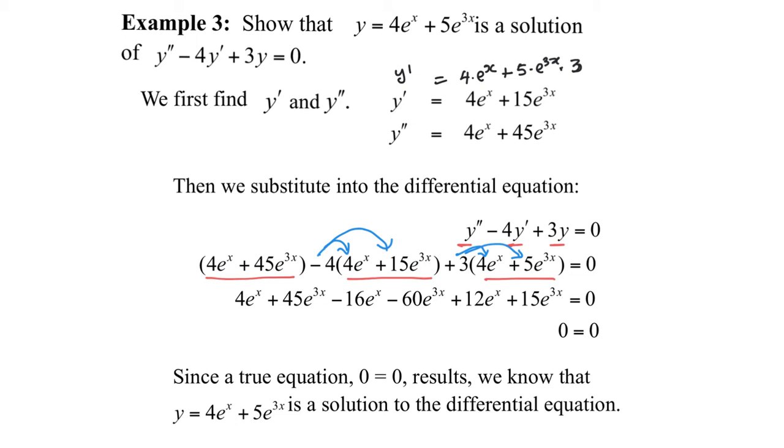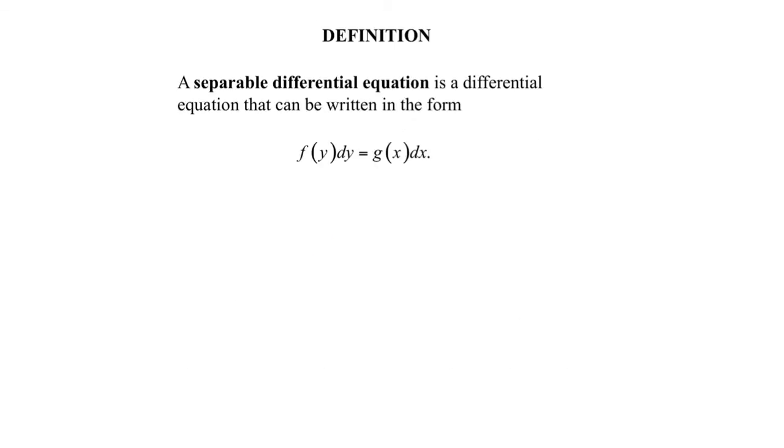So you can see that for e power x, negative 16 plus 12 makes it 0, and for e power 3x there is 45, then another e power 3x, and one more e power 3x. That is 45 minus 60 plus 15, that is 0. So you can see left side equals right side. That means this is a solution to this differential equation.